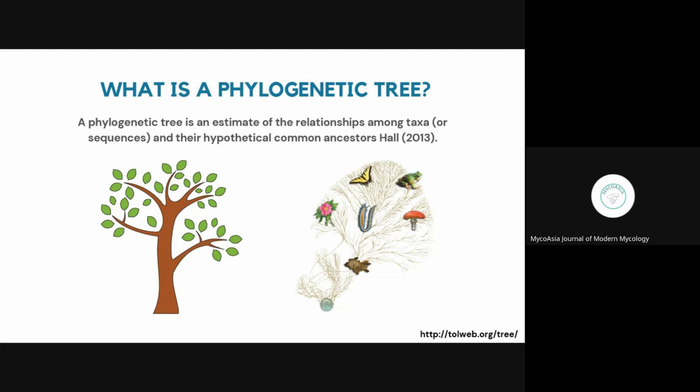Why hypothetical? Because for many of them, the ancestors might have vanished from this earth. What we have is probably a hypothesis. These could be the common ancestor for a group of fungi that we may be studying. So basically, a phylogenetic tree is an estimate of the relationships among taxa and their hypothetical common ancestors.